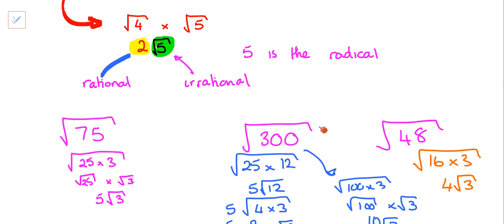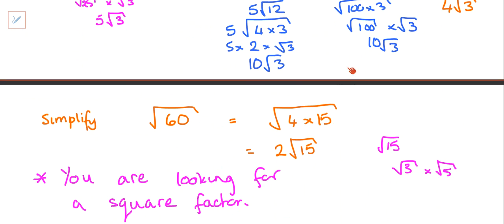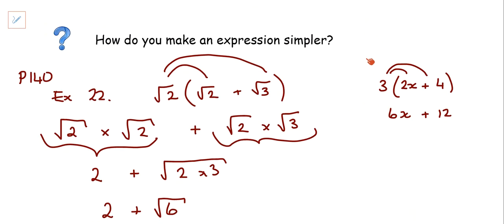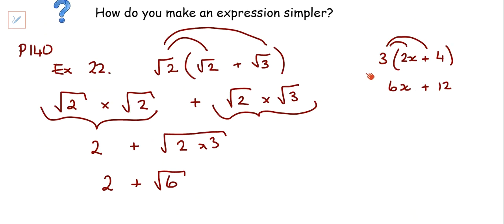Now, what we were doing yesterday was on a different page. It was when we did indice rules, like A to the 3, and then if we had A 3 plus A 4, we'd add.